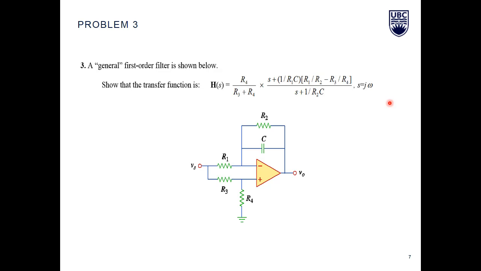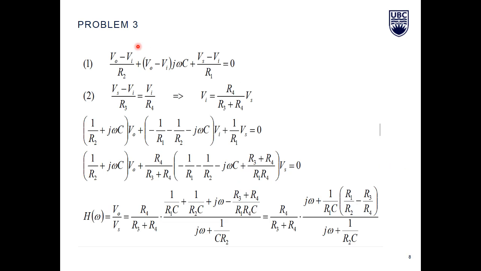And for that, what we can do is writing KCL in this node and also this node. So if we name the voltage in the negative terminal, which is also equal to the voltage on the positive terminal, Vi, then on this node we can write KCL, which is the first expression here.